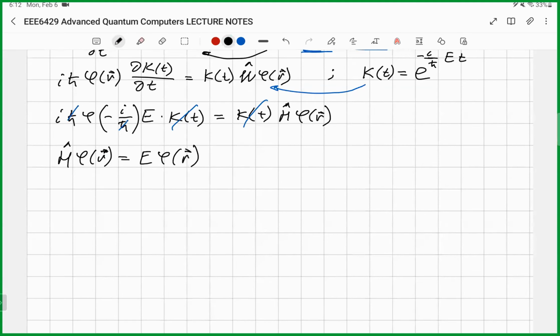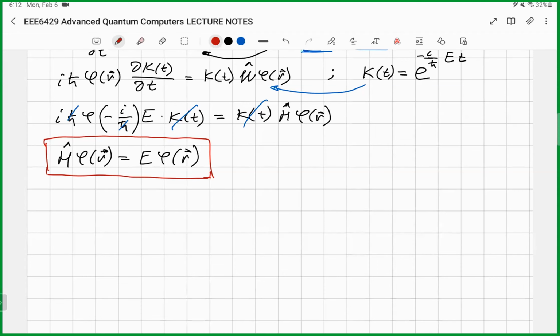Okay, so in this equation, my Hamiltonian now acts only on the spatial part of the state function phi, and I don't have any dependence on time.